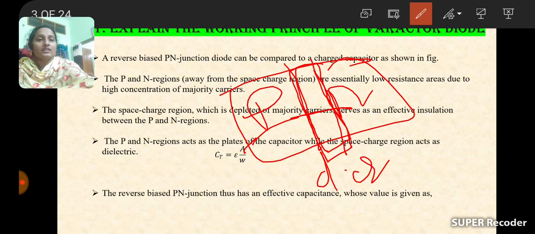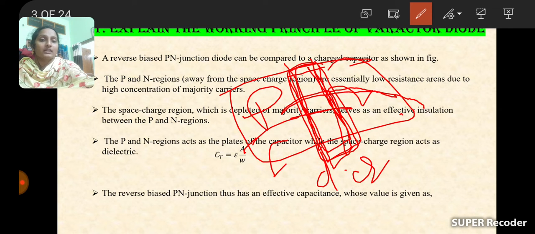And the majority charge carriers in the N region try to enter P, but they are unable to. Because of this, the depletion region opposes the flow of charge carriers from one side to the other.